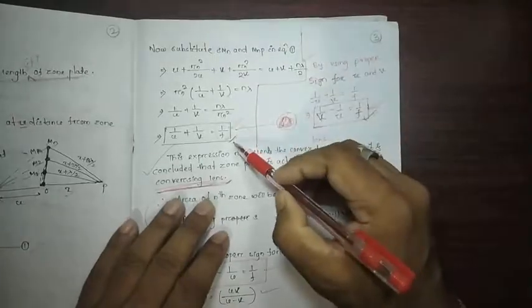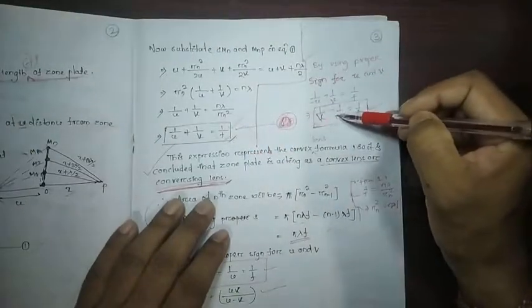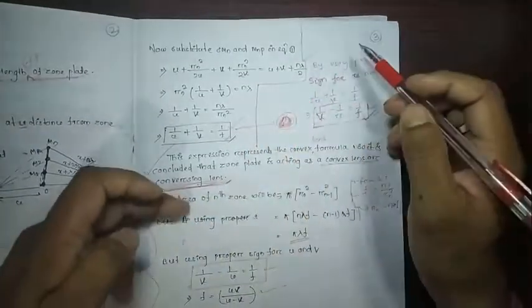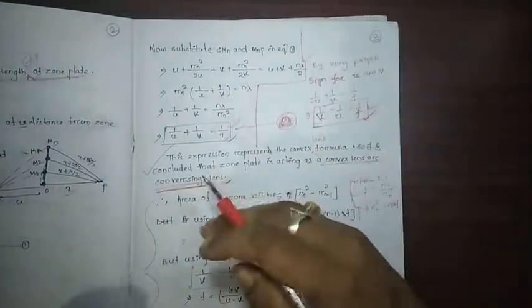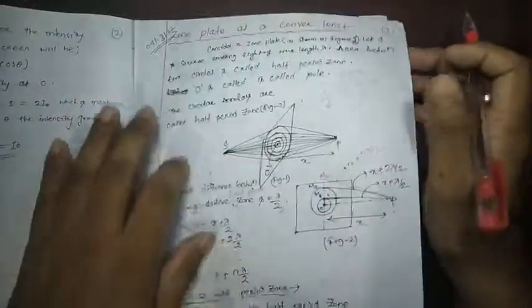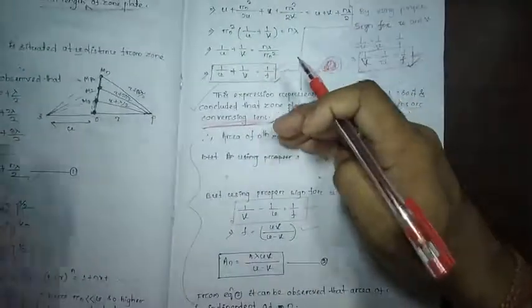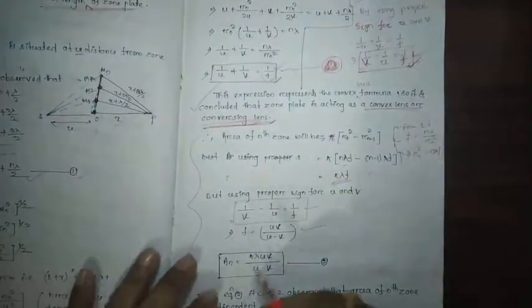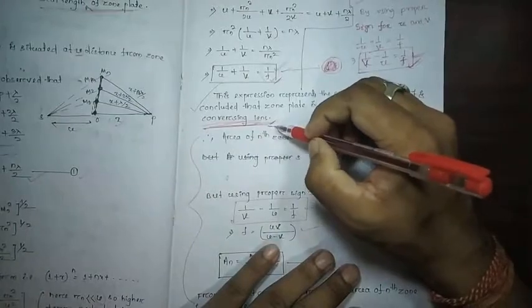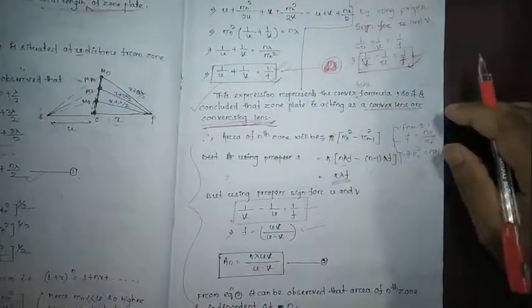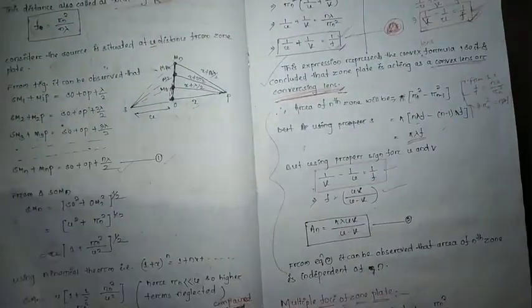After this you have to write this much, then these 3 lines, and whatever is written after that will be discussed in your next class. For the proof of the zone plate as a convex lens, these are not required. So you have to write up to this much, or correct your note whatever I have corrected in this video. Okay, thank you.